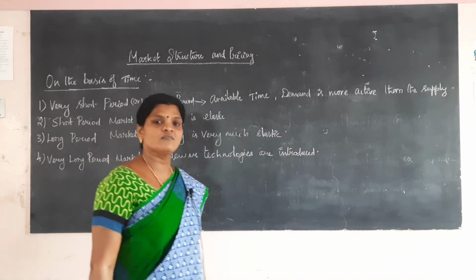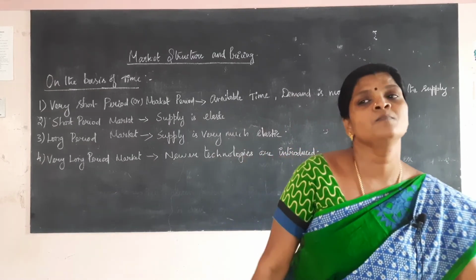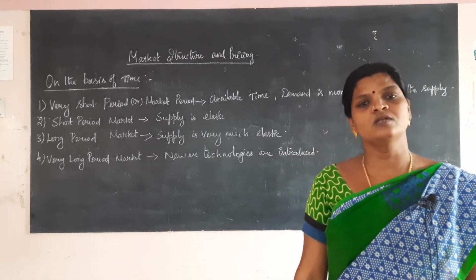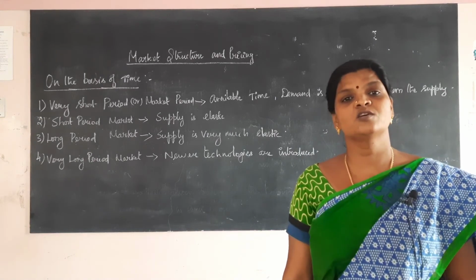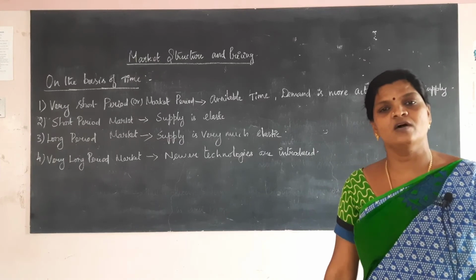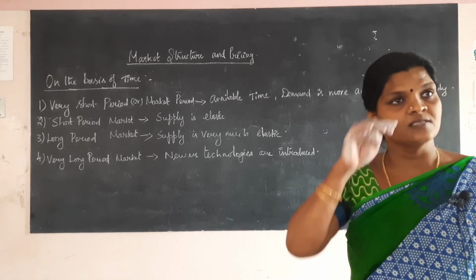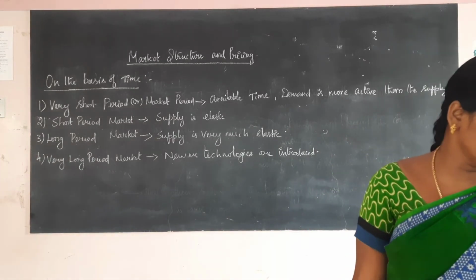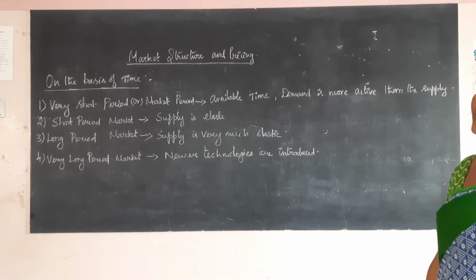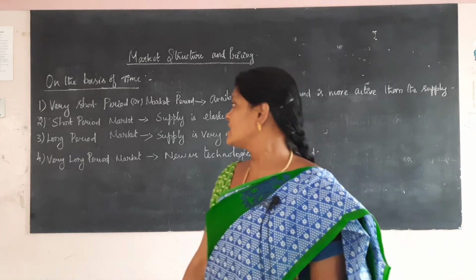For example, in flood, people want much more food products to consume, so there is a high demand for food products. So it is the example for the very short period market. It is only for available time.